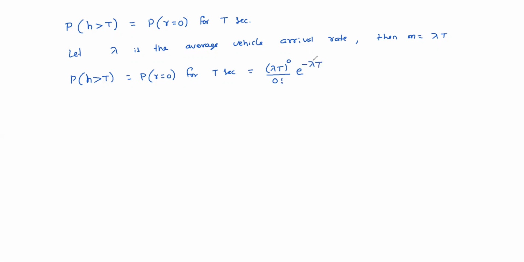So which is nothing but lambda t power 0 is 1, 0 factorial is 1, so e power minus lambda t. So now probability of headway greater than t is nothing but e power minus lambda t, which is called the exponential distribution.